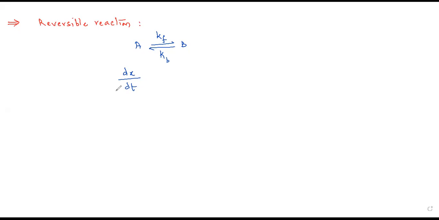Now this is nothing but the amount that is going to react from now on. Okay. From now on, what is going to be the rate? Rate from now on depends on the amount of A left, nothing but KF into A minus X. This is the amount of A left. At the same time, minus of KB into X. Now, what amount of B is reacting from now on?